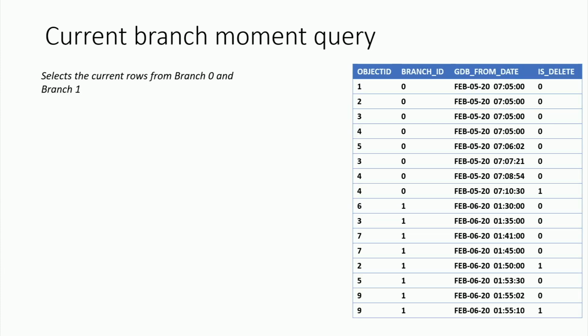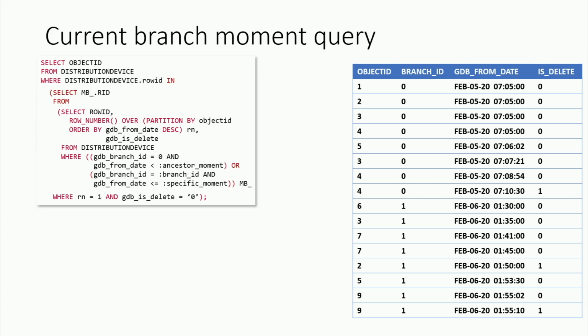Now, taking that, we put it into a different table, and let's do a current moment query for the branch. A query similar to what we just did, but in a branch rather than in default. So it gets a little bit more complex, but it's no big surprise. This is the query.